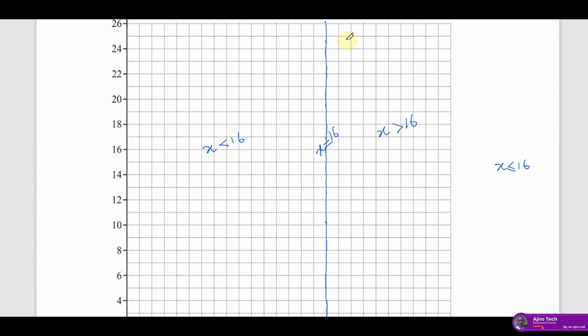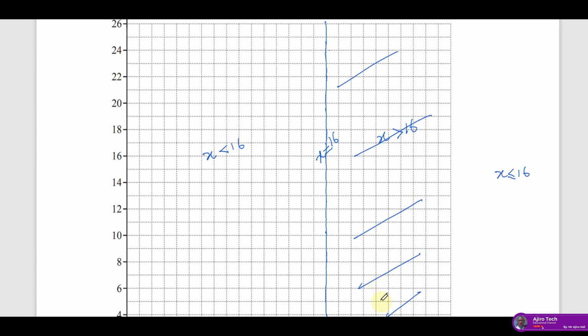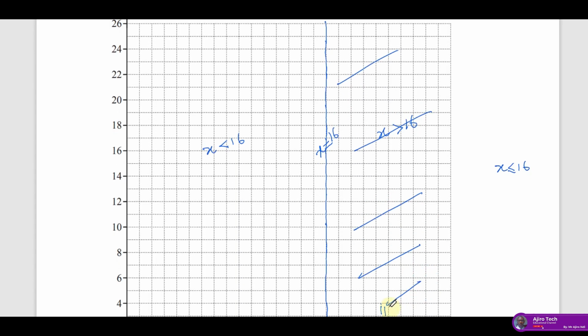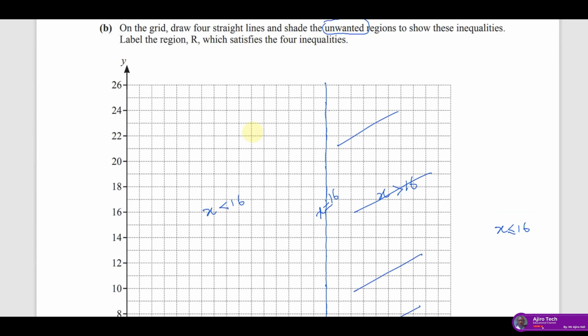So that means this right-hand side, we don't need. Okay, we don't need the right-hand side. We don't need this. So the next thing you want to look at, let me remove the equation of this on the graph.